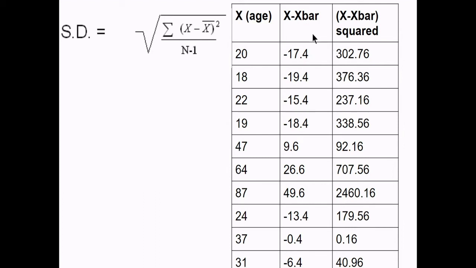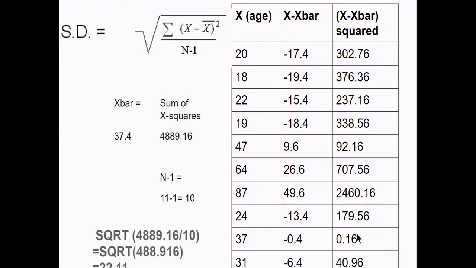With x bar, it's going to take the mean of these numbers and subtract it from each person's age. That'll give weird values here and there. This person is obviously over the mean by about 49 years. This person is under the mean by about 17 years, so the average age is 47, just kind of piecing that together. Then they're going to be squared. You may get large numbers here or small numbers and so on.